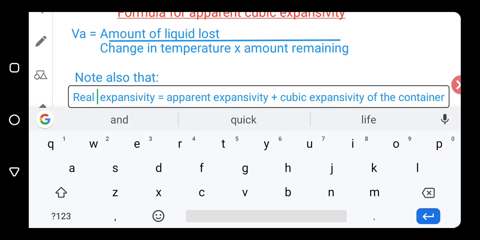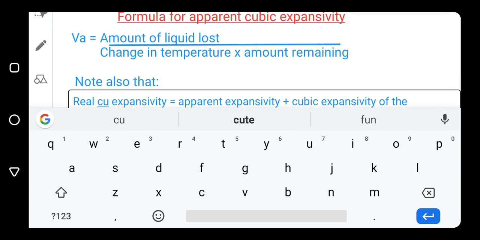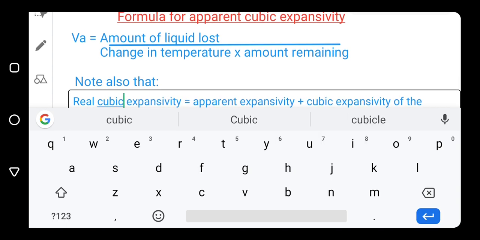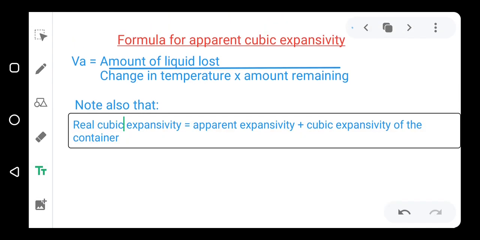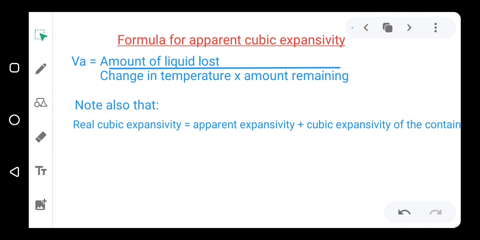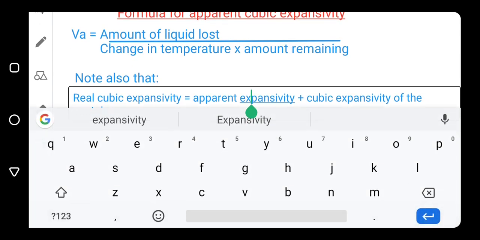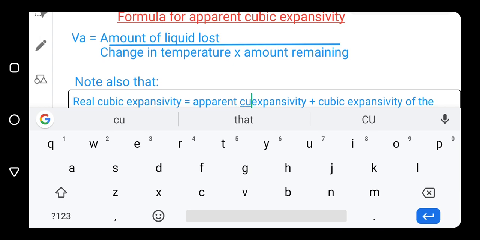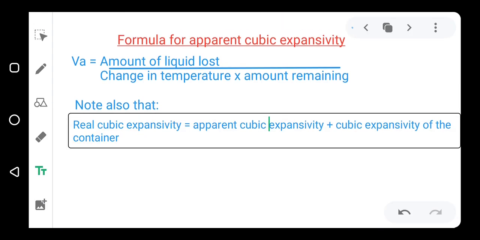The real cubic expansivity is equal to the apparent cubic expansivity plus the cubic expansivity of the container or the vessel that you are heating the liquid in.